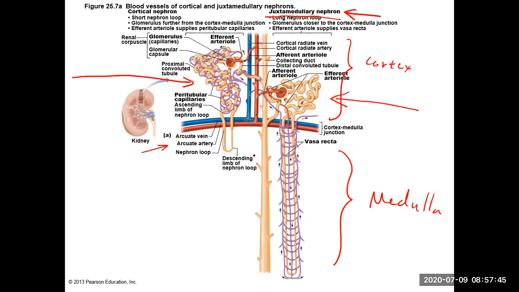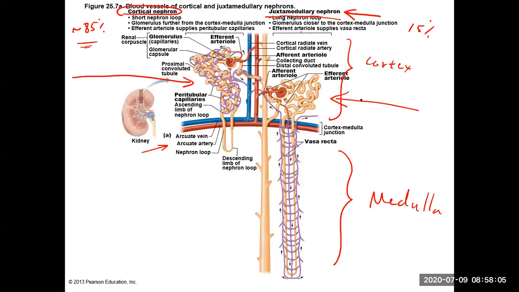Either way, what's the difference? Well, about 85% of the nephrons are cortical nephrons. So we're going to put our concentration here, and about 15% are juxtamedullary nephrons.